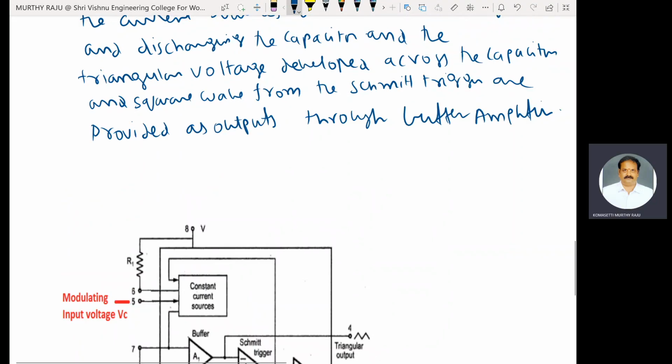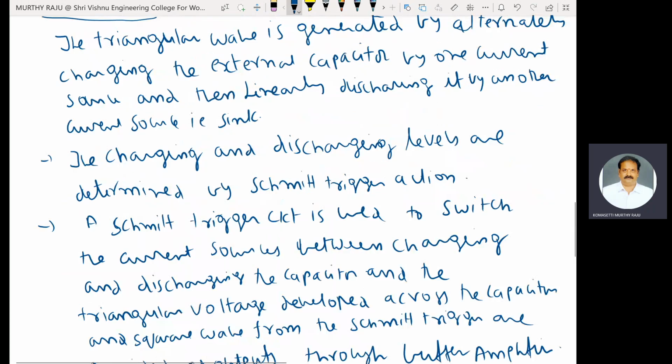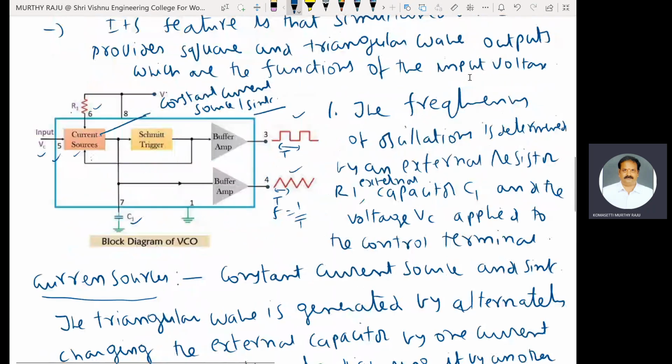Here, the explanation of this: first one is current source. Current sources are of two types, constant current source and a sink. The constant current source is used to linearly charge the capacitor C1, and the capacitor is linearly discharged by another current source that is called a sink. Schmitt trigger: the charging and discharging levels are determined by the Schmitt trigger.